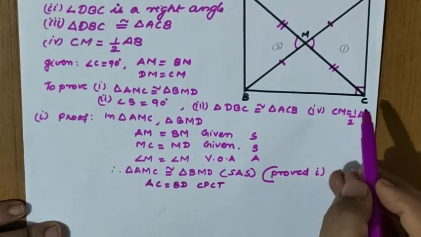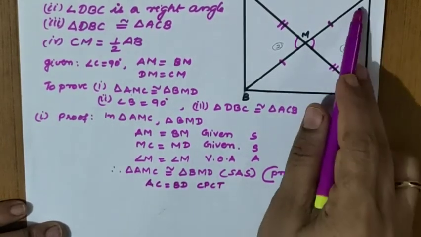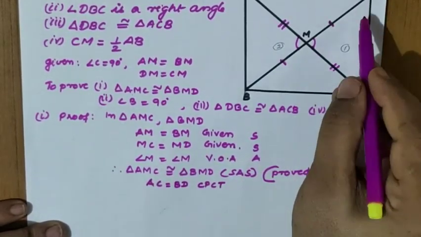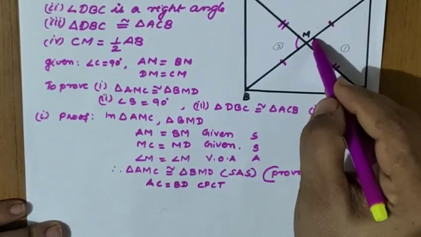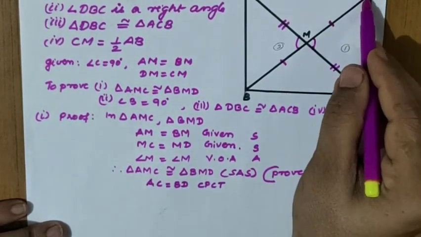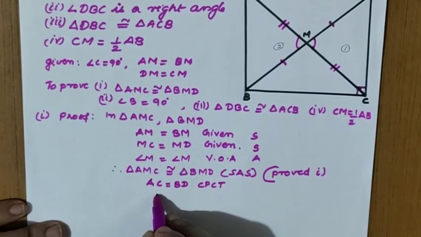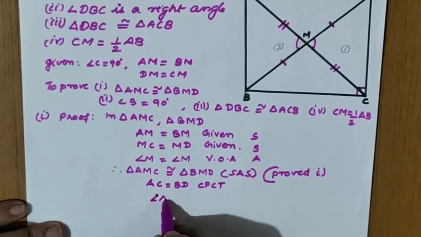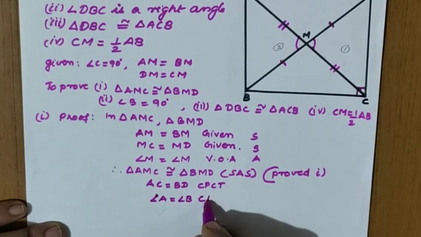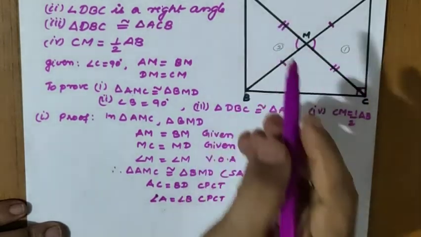Say angle A equals angle B. See that also, because it is an alternate interior angle. Angle M is already taken. What is left for us? Angle A and angle C are left. I am taking angle A. So in triangle AMC, angle A, and in triangle BMD, angle B we are taking. This is also CPCT. The third angle also we can take, C and D.